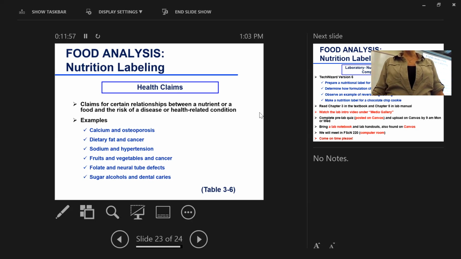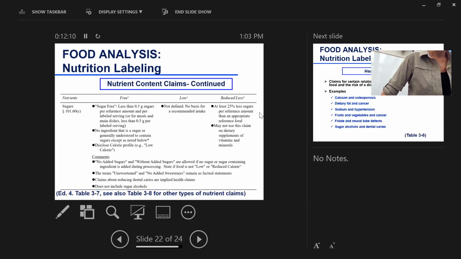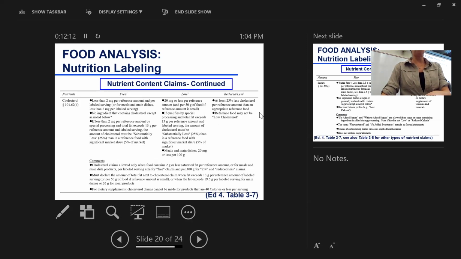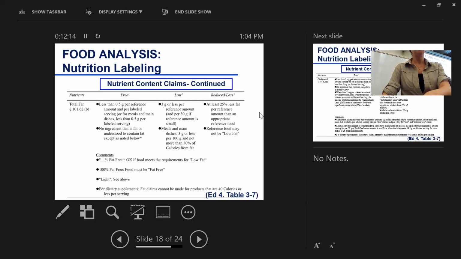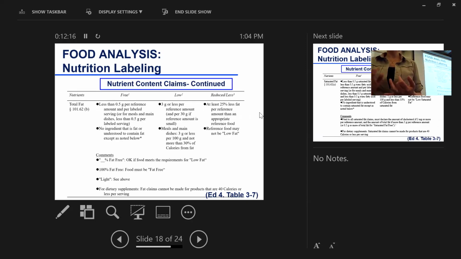Yes, Abby? Also claiming for the ingredients to be added in the composition or to be limited. The nutrients, when they add? We are claiming for the nutrients to be added. Not for the nutrient claim. For nutrient claim, it can be added or it can be naturally present.